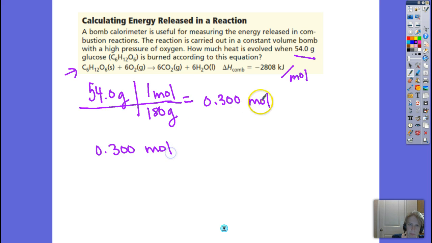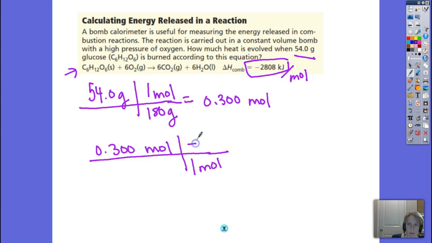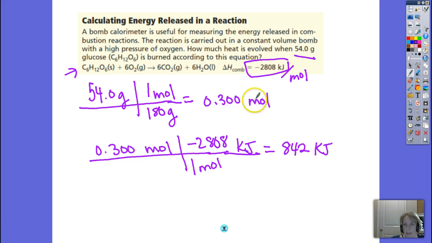Now we can take that and use our conversion factor from this equation right here. So we have our heat of combustion. And because this is per mole, we can say 1 mole gives us negative 208 kilojoules. Now if we multiply this across, we're going to get 842 kilojoules. Now let's look at this.